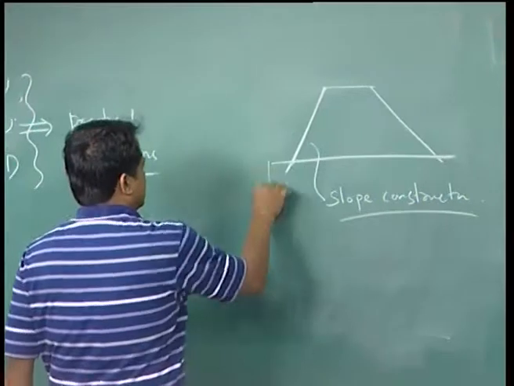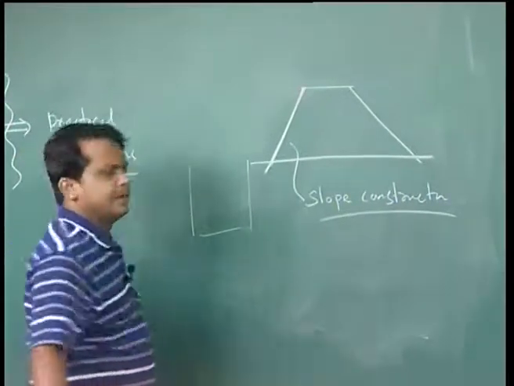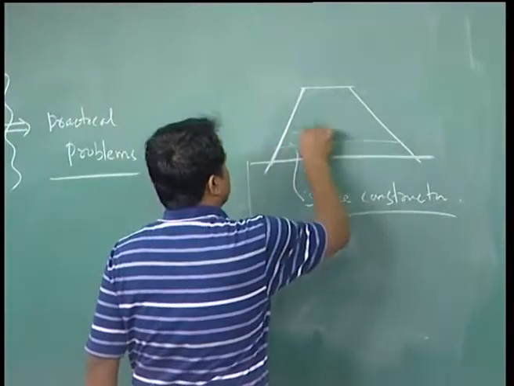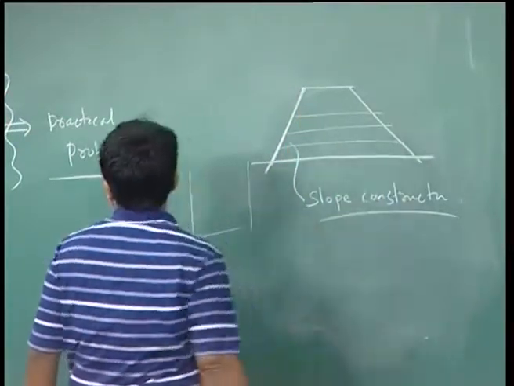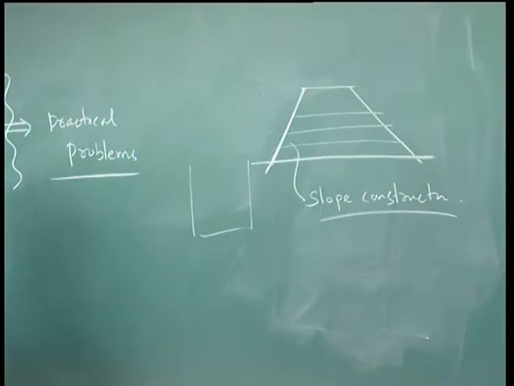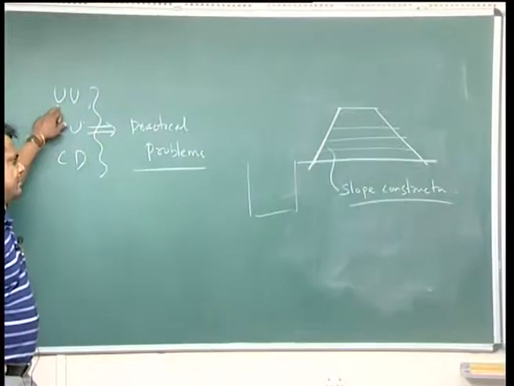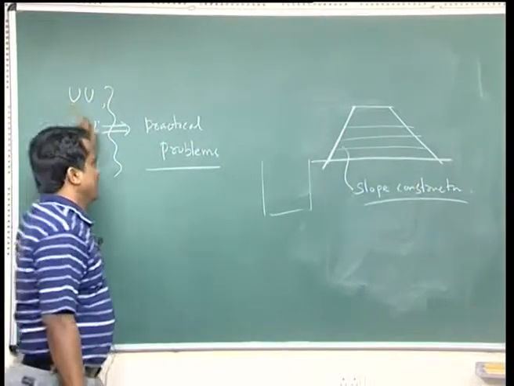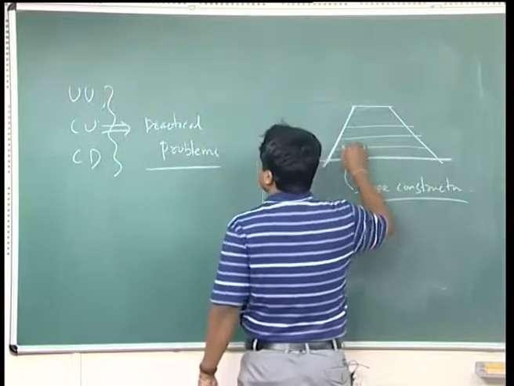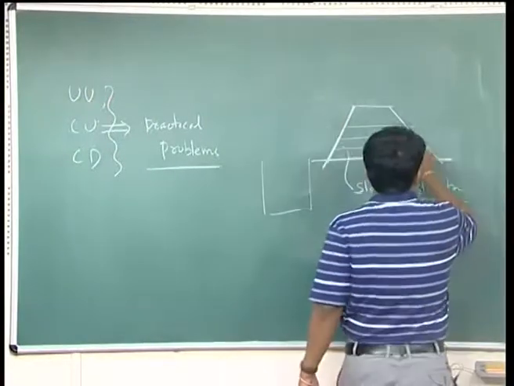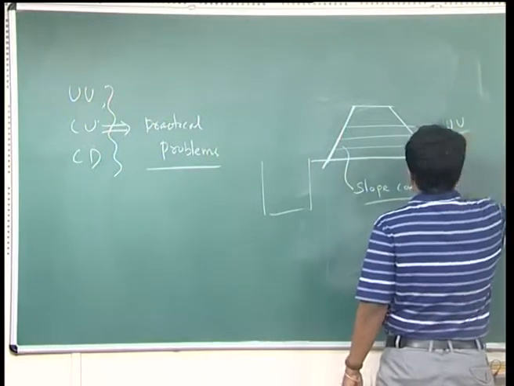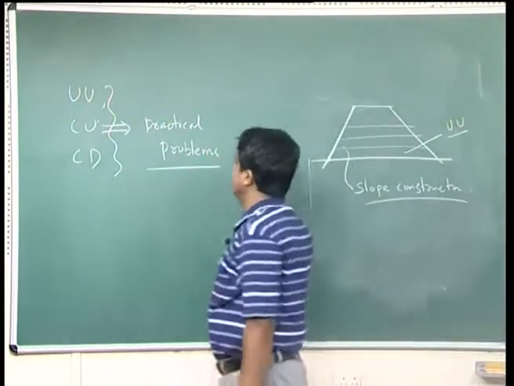The soil from a nearby pit has been taken and it has been compacted in stages. Because the consolidation process takes time, during construction there is no consolidation and also no drainage. This case will simulate your UU, unconsolidated, undrained.